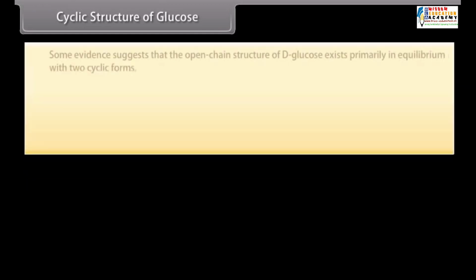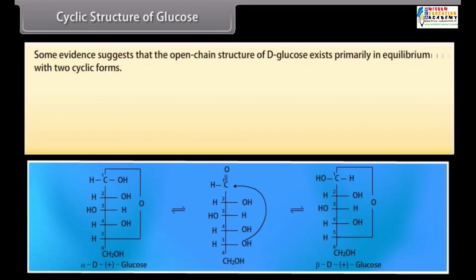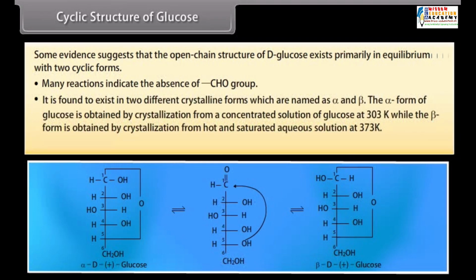Cyclic structure of glucose. Some evidence suggests that the open chain structure of D-glucose exists primarily in equilibrium with two cyclic forms. Many reactions indicate the absence of CHO group. It is found to exist in two different crystalline forms, which are named as alpha and beta.